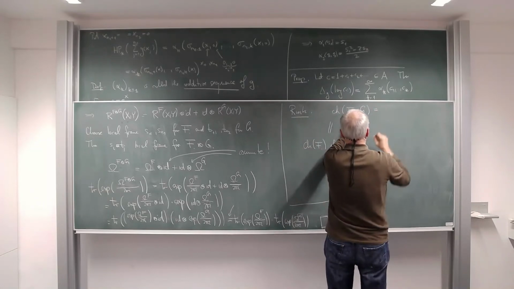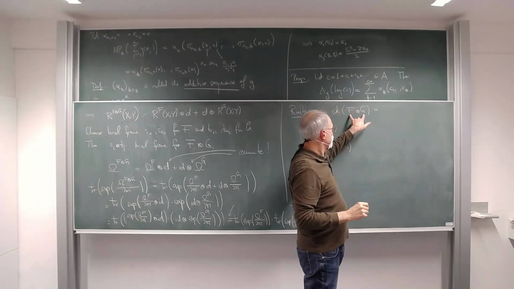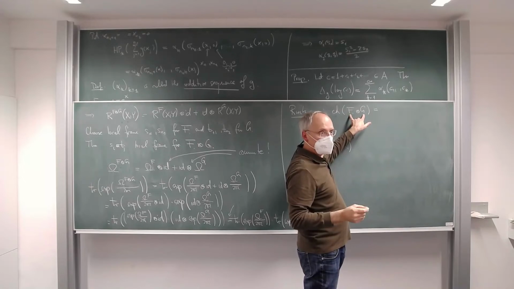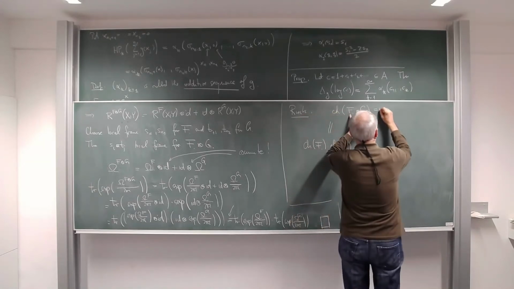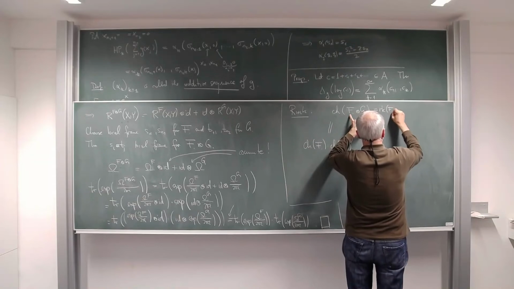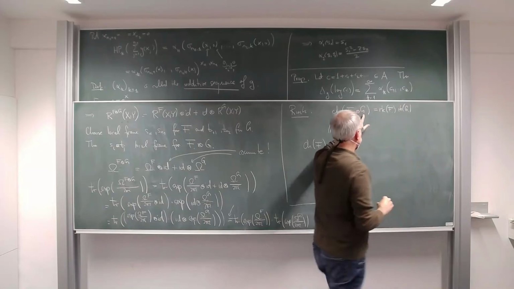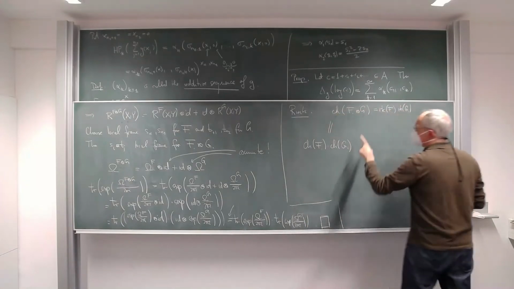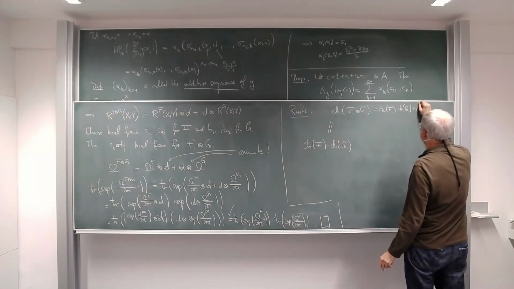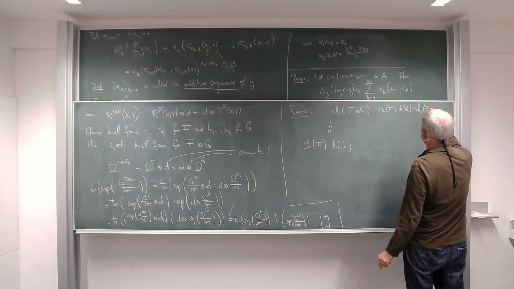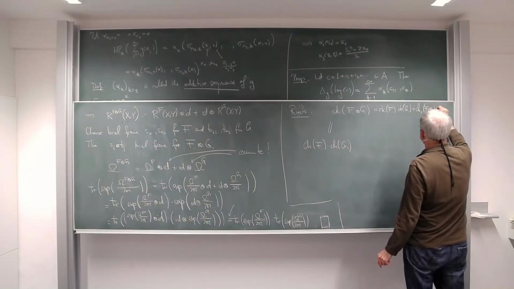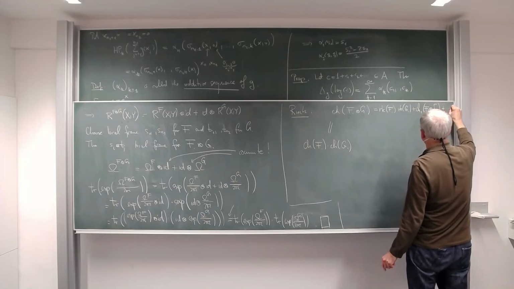The Chern character starts with the rank of the bundle. The rank of the tensor product is of course the product of the ranks, so this is the rank of F times the rank of G. That's a zero order term. Then we get to the first order term, plus higher terms.